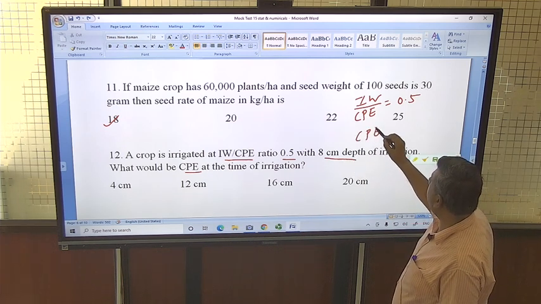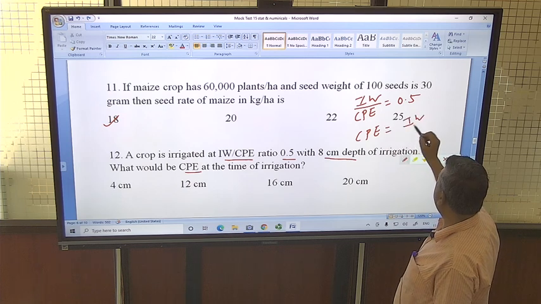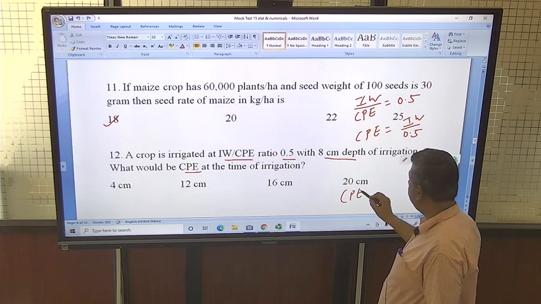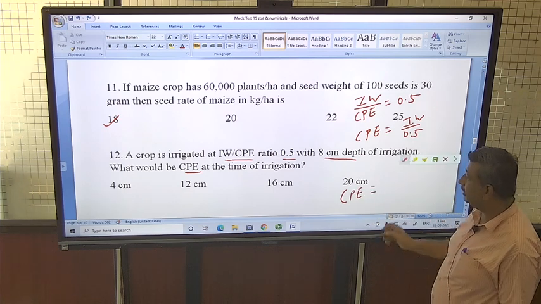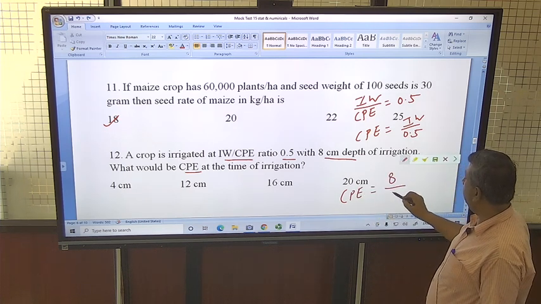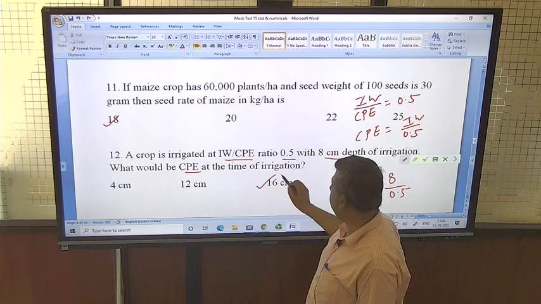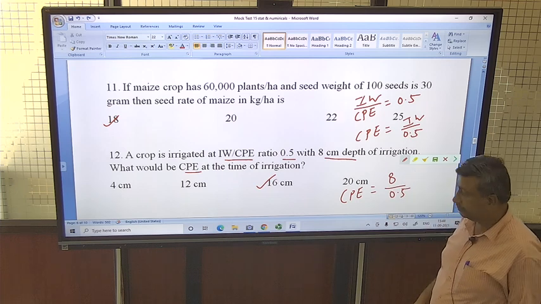So CPE is equal to IW divided by 0.5. So irrigation depth is given 8 and ratio is 0.5, then it is 16 centimeter.